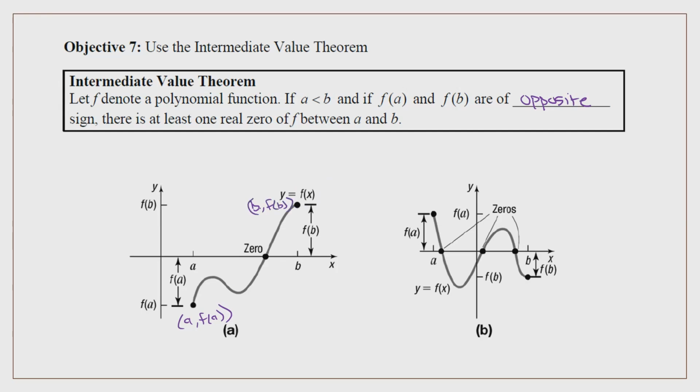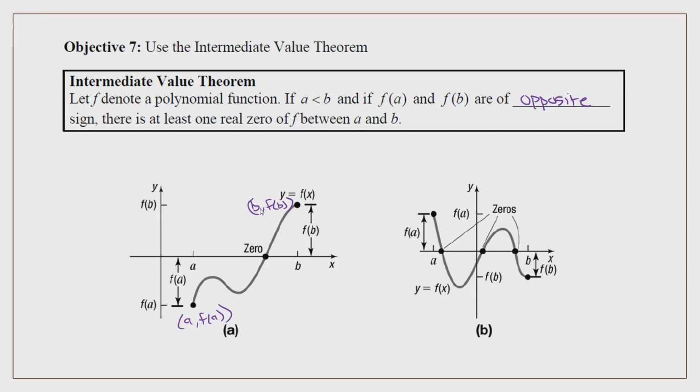If the point a, f of a is on one side of our axis and b, f of b is on the other side of the x-axis, then there has to be a real zero between those 2 points.